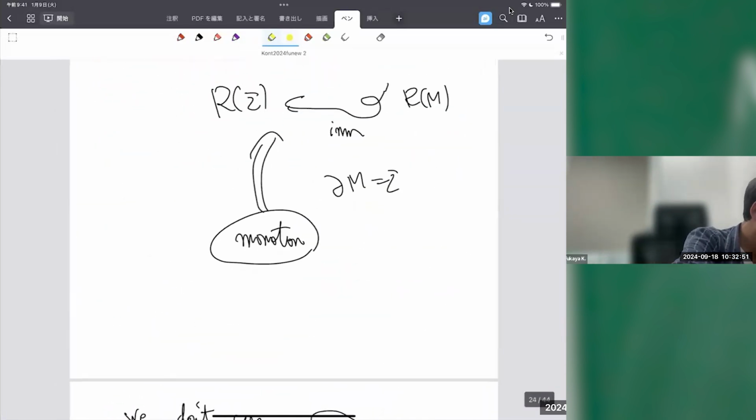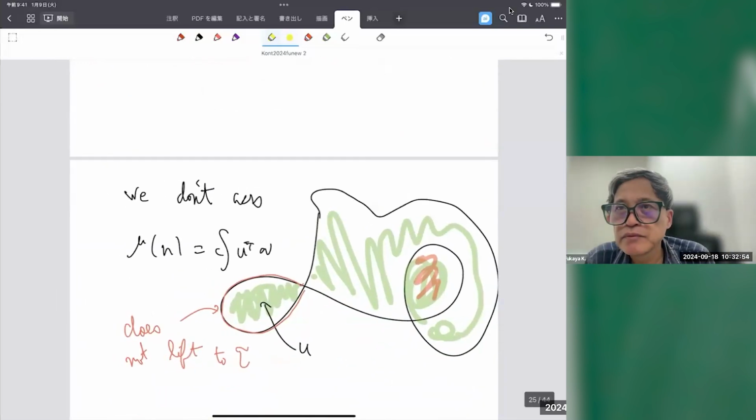Sorry, Kenji, can I ask: when you have several M's, do you have some kind of balancing or Bohr-Sommerfeld condition? How do you know that the Floer homology of a pair of R of M's is well behaved? I think each individually has this b, and then Floer homology is well defined.